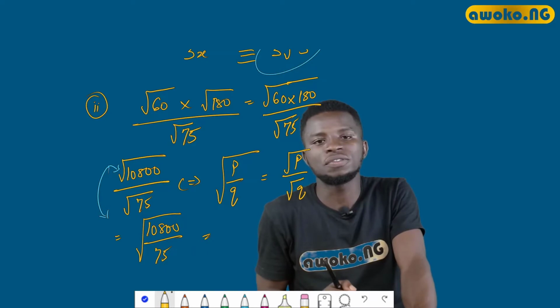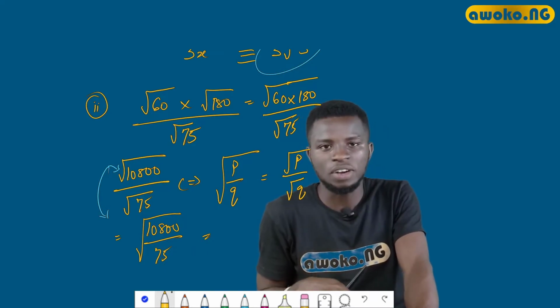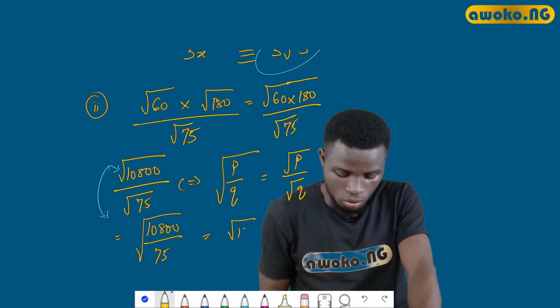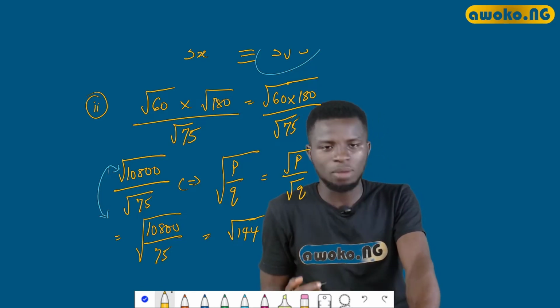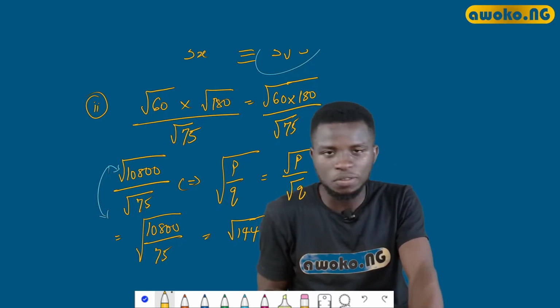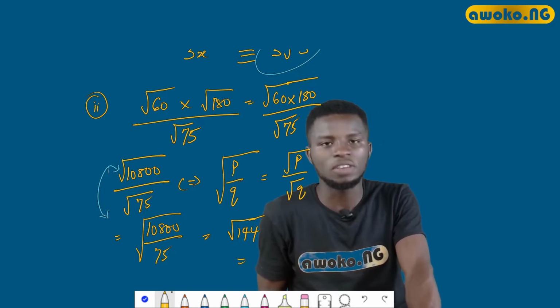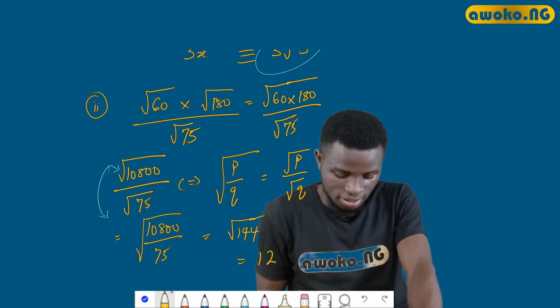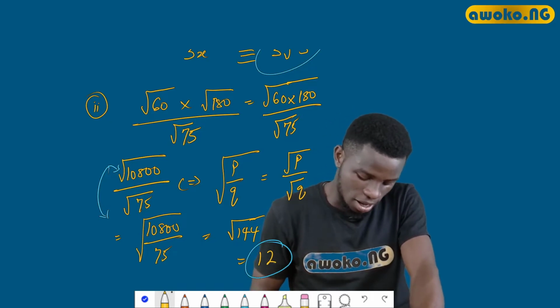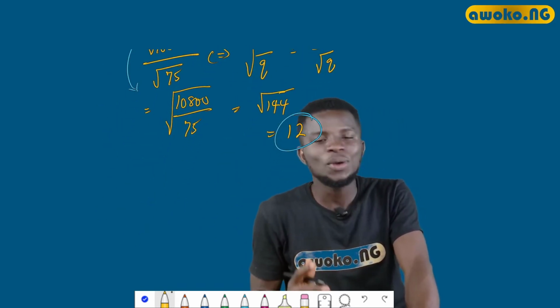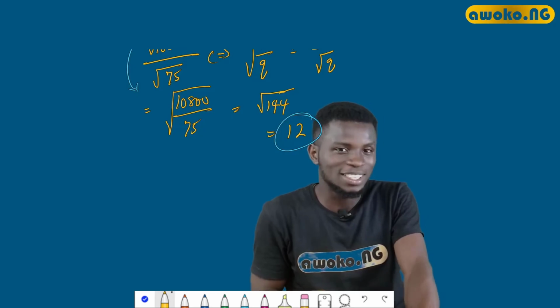And if you eventually divide, this will give us the square root of 144. And by now, I am sure you know that 144 is a perfect square, which will always give us 12 as the final answer. I'm sure we are following at this junction.